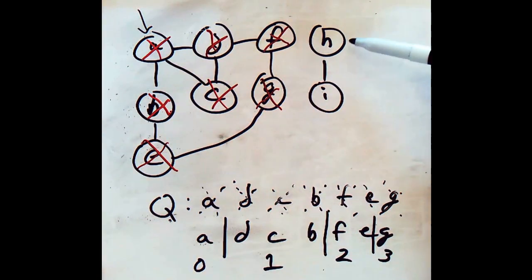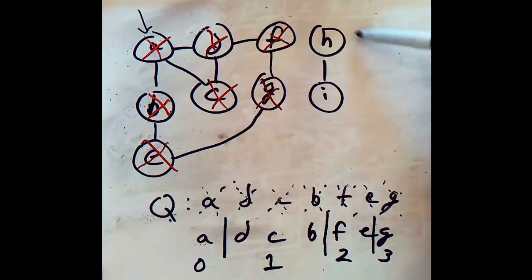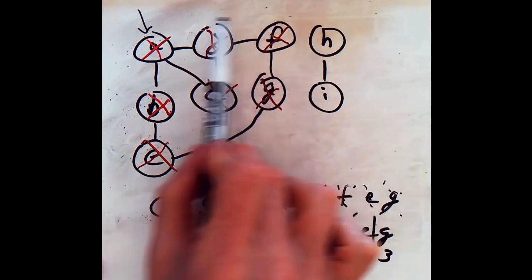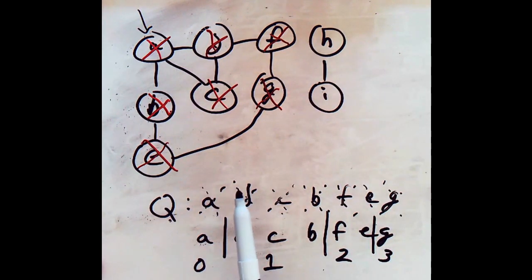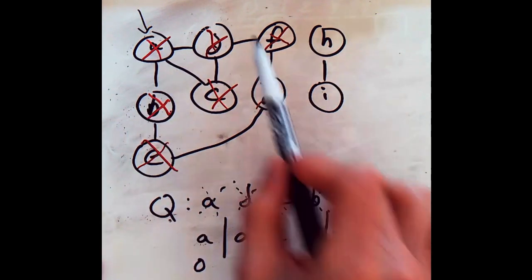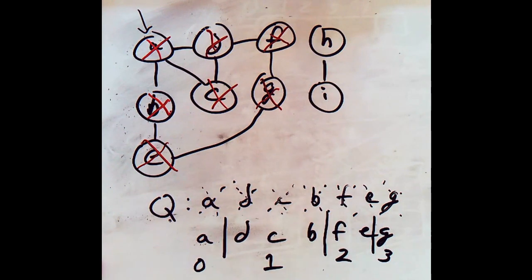So we could run this again on either H and I, and it would identify this as a set of things that are connected together. Sometimes that's useful. Like in a social network graph, you could identify distinct social groups that are isolated. There are interactions within the group, but not between one group and another.